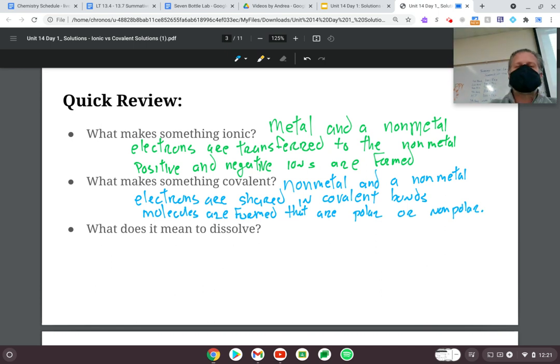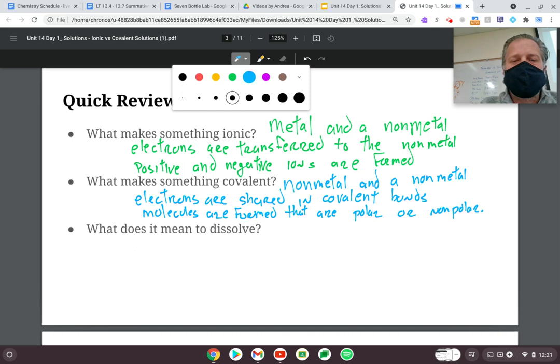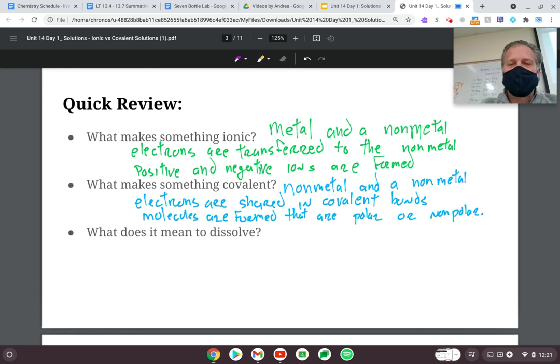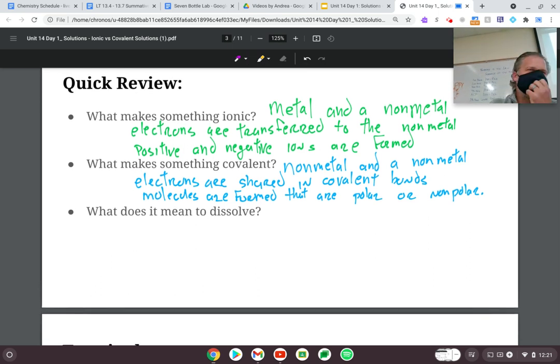And then what does it mean to dissolve? Well, there are some definitions that we're going to talk about in terms of what it means to dissolve, but I think the easiest way to define dissolving is when one substance gets surrounded and engulfed by another substance and broken into its pieces.